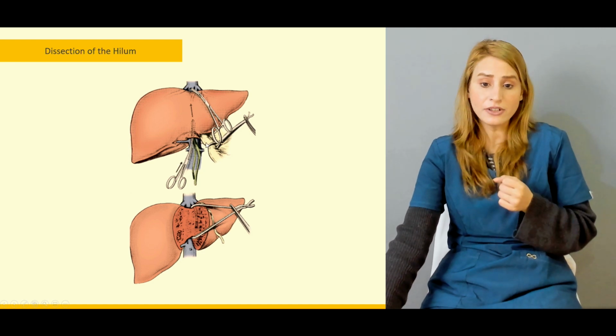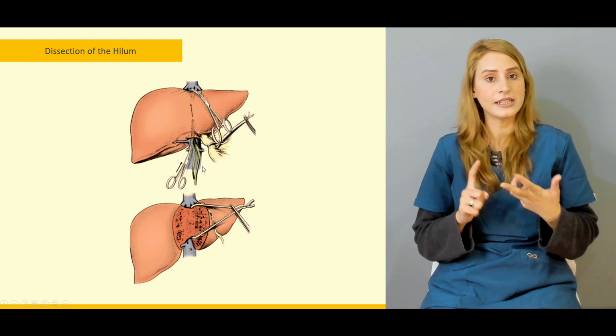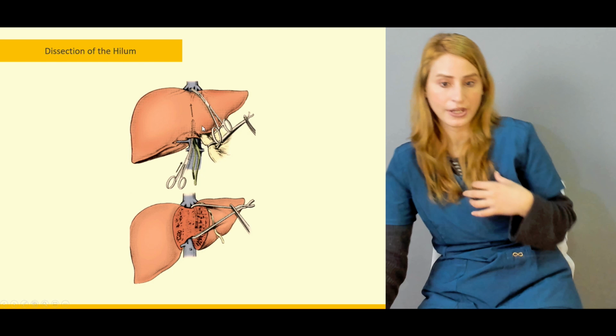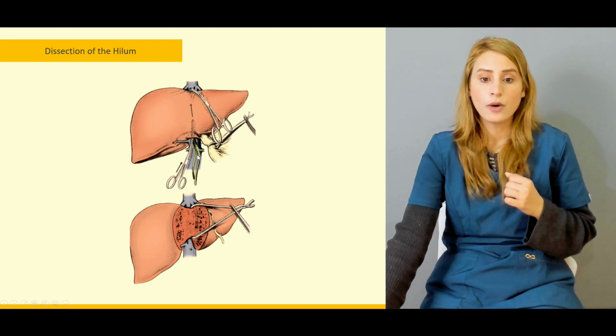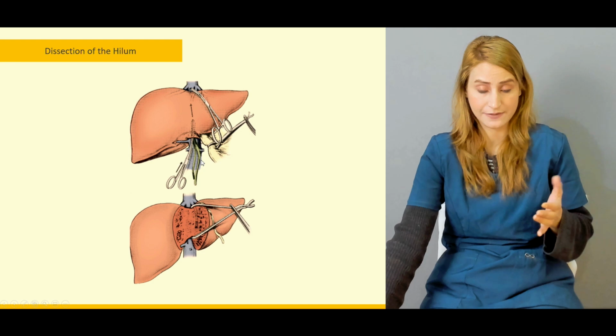When you're done ligating these structures, because you need to ligate the portal vein separately. This is the hilum of the liver. When you are at the hilum of the liver, you need to resect or ligate these vessels.